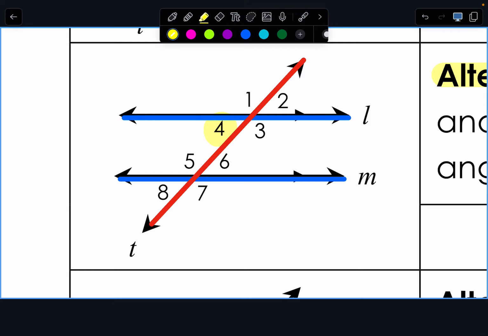Okay. So I am looking for another inside angle that is on the alternate side as 4. What do you think? 3. 3 would be adjacent. Oh. So it would have to be 6. We got to go to that other set of angles.